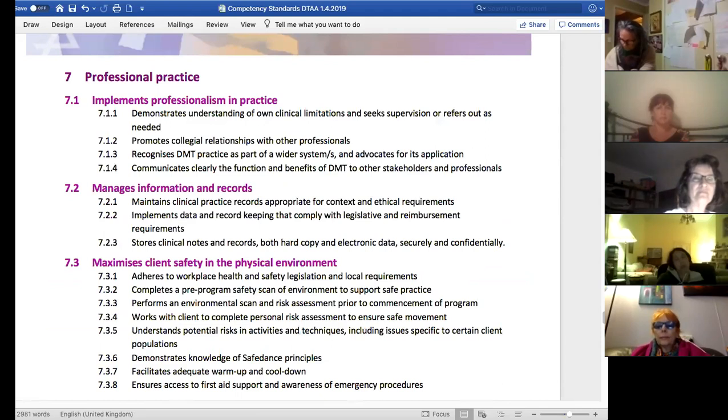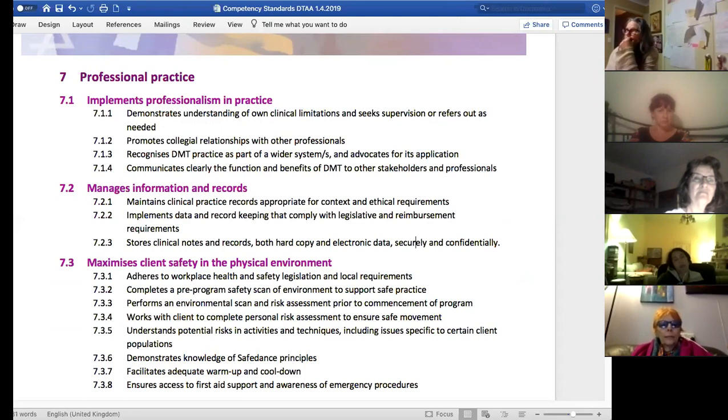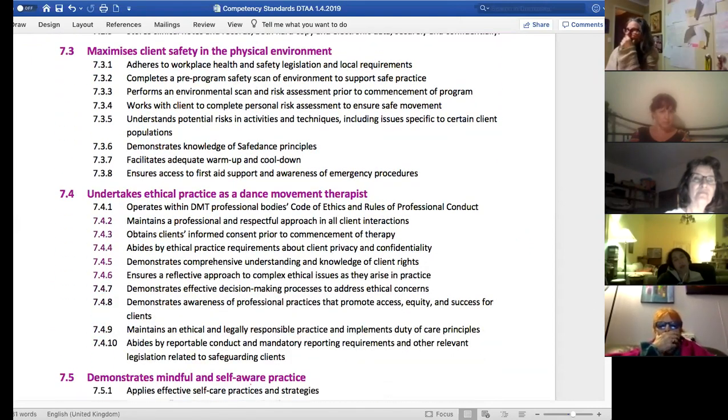And then we get down to the nitty-gritty of data and management of records, confidentiality, those kinds of things. Client safety is the third one. Obviously, workplace safety and all of the other issues around that are critical.